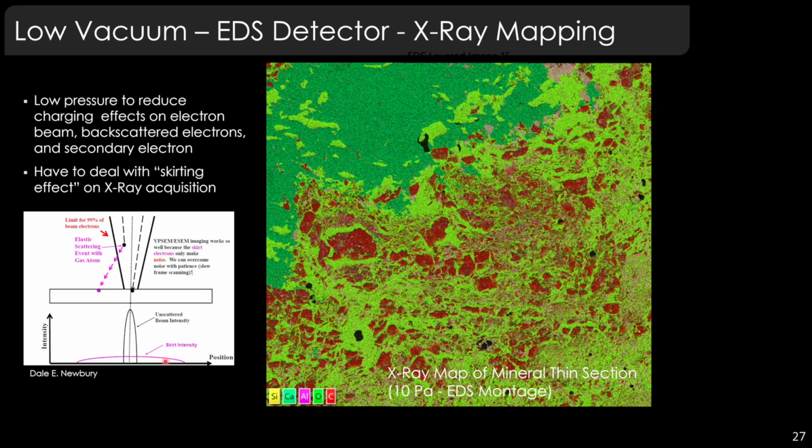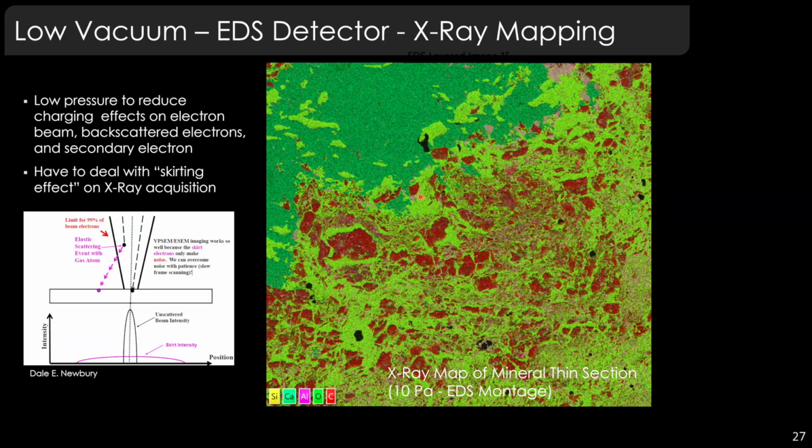It doesn't cause a lot of problems for imaging. You just don't get as nice a high resolution image, and maybe a little more noise than you would normally get with high vacuum mode. But in EDS, it does cause the problem that you will get some X-rays that are not necessarily local to where you're scanning. So you may detect features that are remote from where you're looking, up to many microns away. You have to be careful about that in how you interpret things.